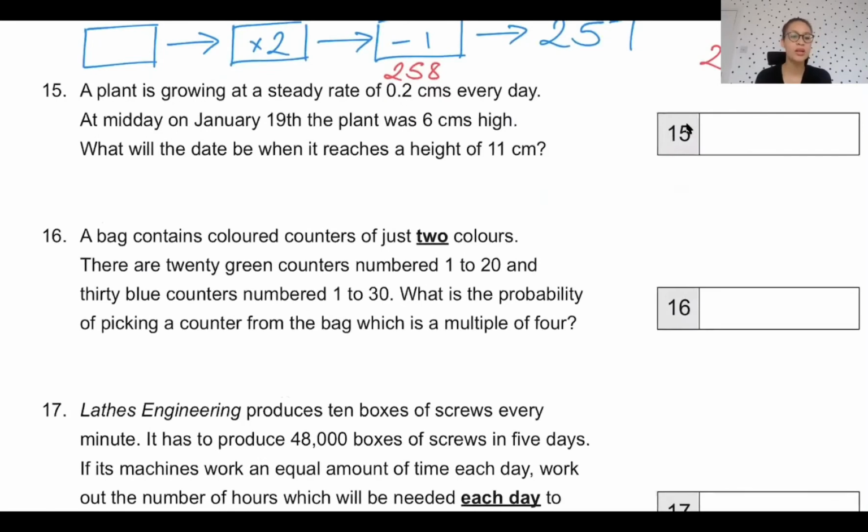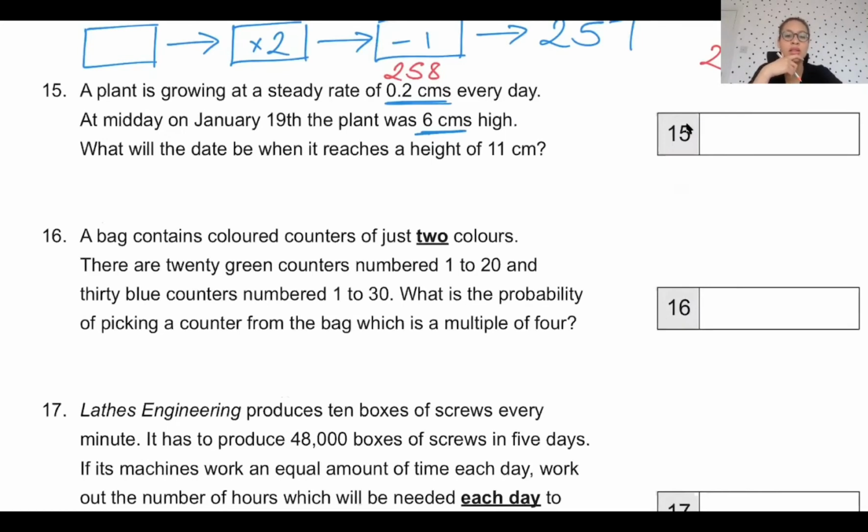Right. A plant is growing at a steady rate of 0.2 centimeters every day. At midday on January the 19th, the plant was 6 centimeters high. What will the date be when it reaches a height of 11 centimeters? Give you another second just to read over that.